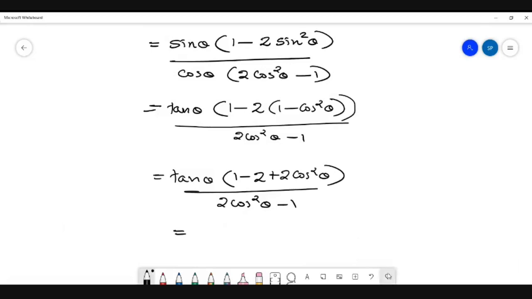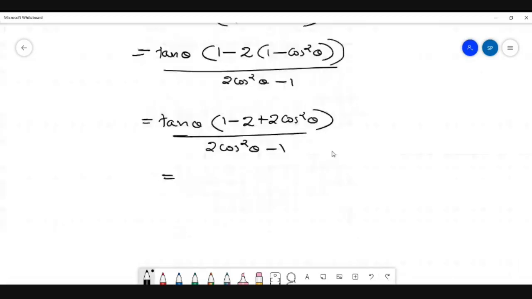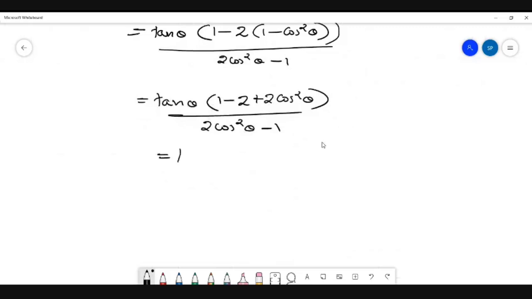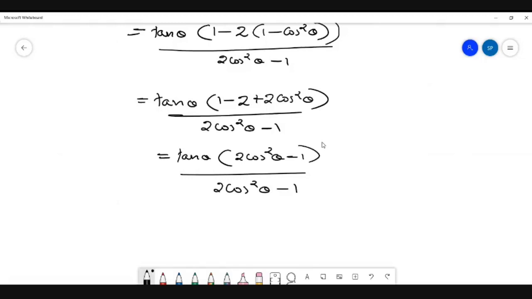That is tan theta into 2 cos square theta, we write first cos square theta, 1 minus 2 is minus 1. So we get the same denominator. This bracket and this expression are same, so you can cancel. That is answer is tan theta. That is the right hand side of the expression. So we proved it as LHS equal to RHS.